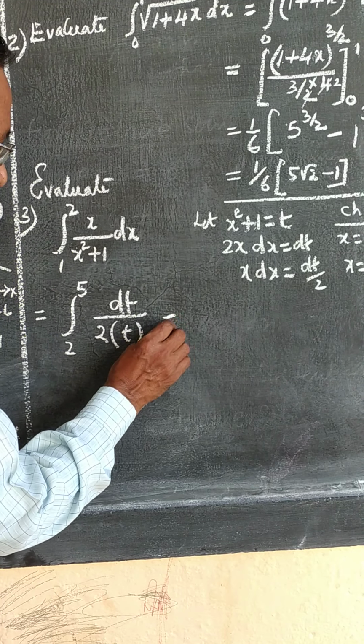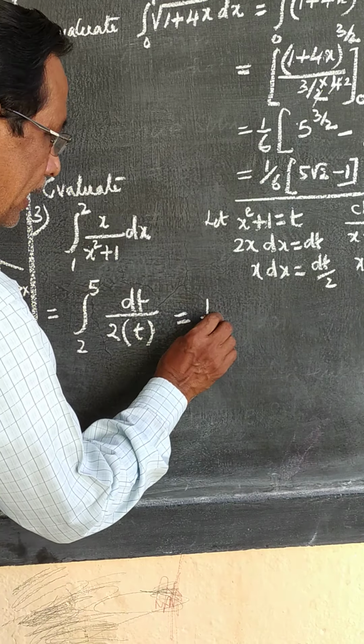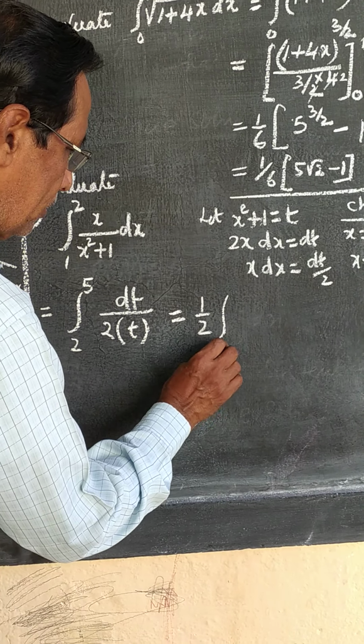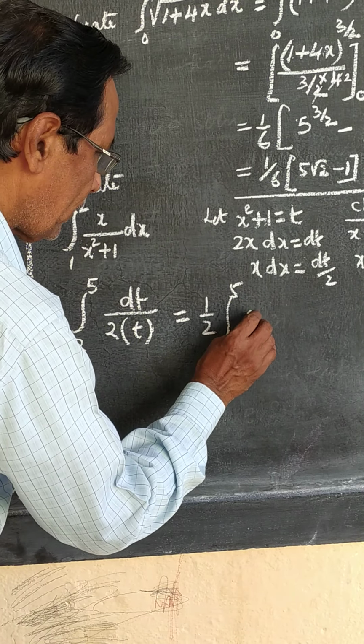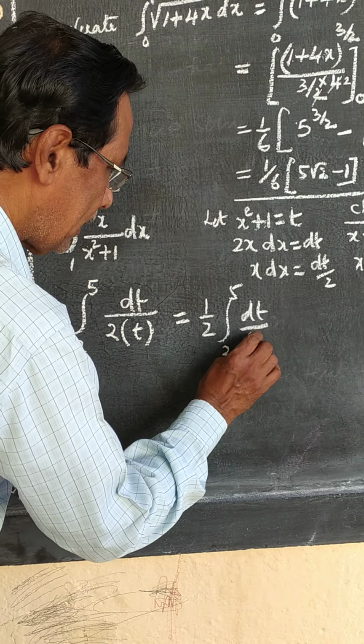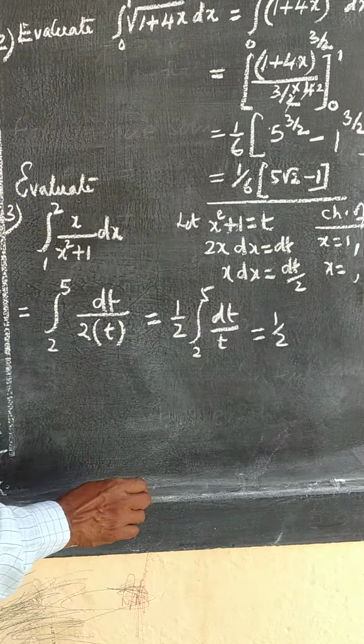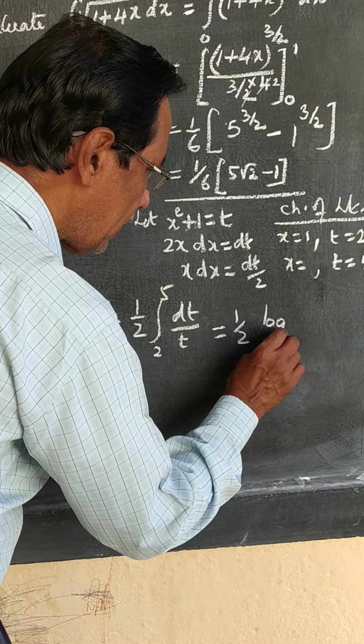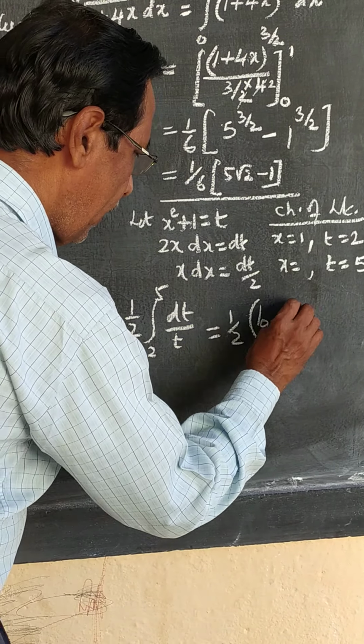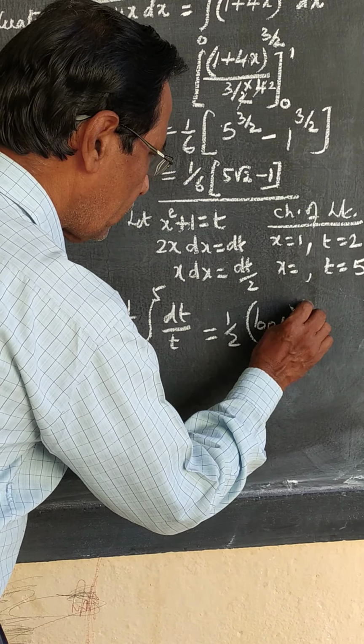Now it is quite easy to integrate. 1 by 2 taken out. Integral 2 to 5 dt by t. This is nothing but 1 by 2 log of t from 2 to 5.